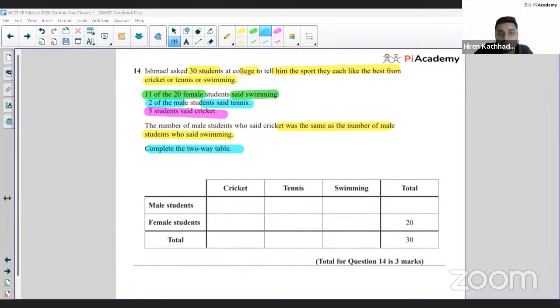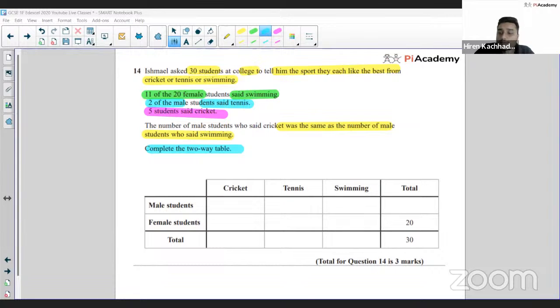Please use the given information to complete this two-way table. Last 1 minute, everyone.